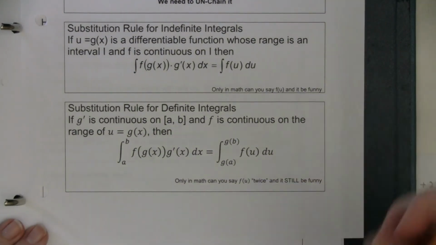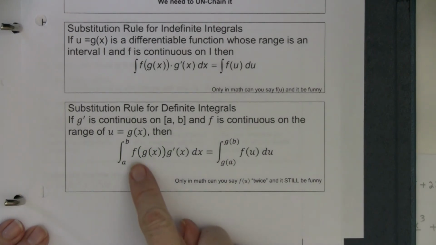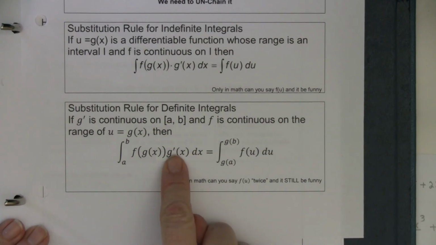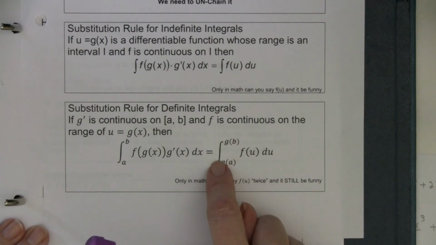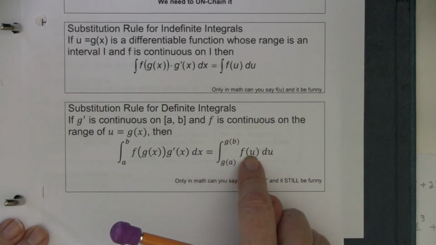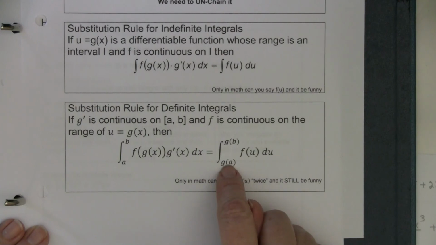Then this is the substitution rule for definite integrals. The same story here: you have your function at some inside function times the derivative of that inside function. You can let u equal g of x, and then this will be the same as the integral of f at u du. Then you want to change your bounds.